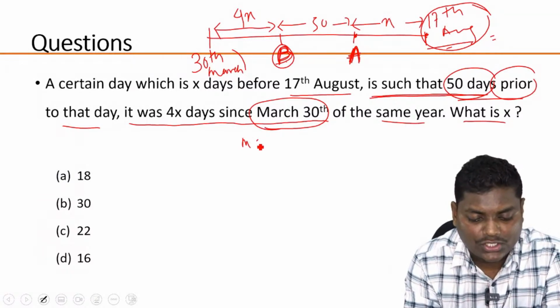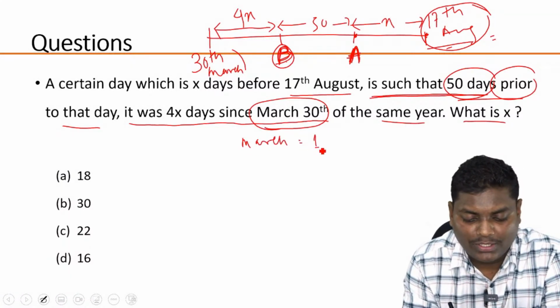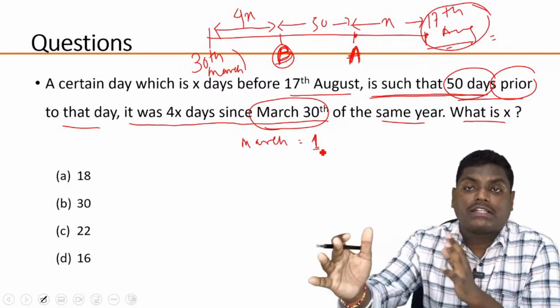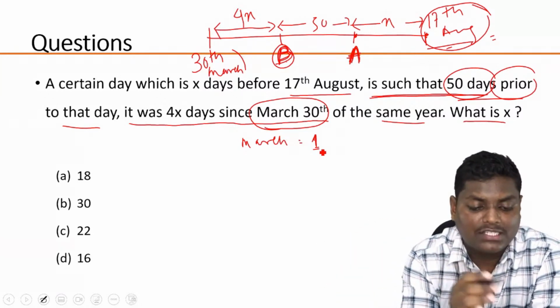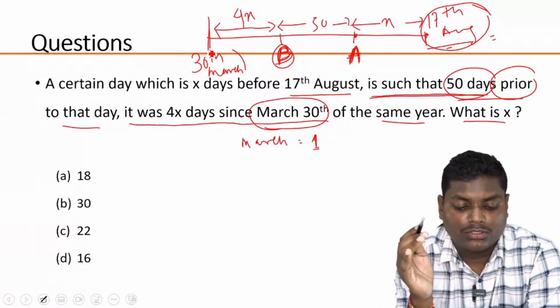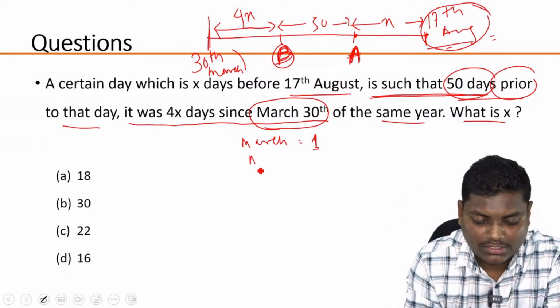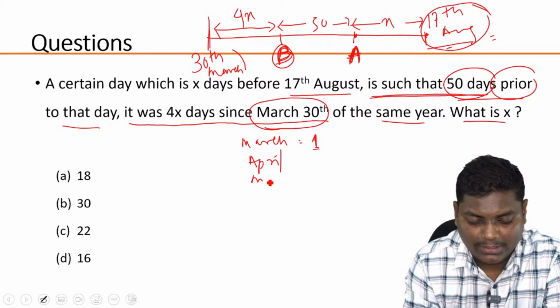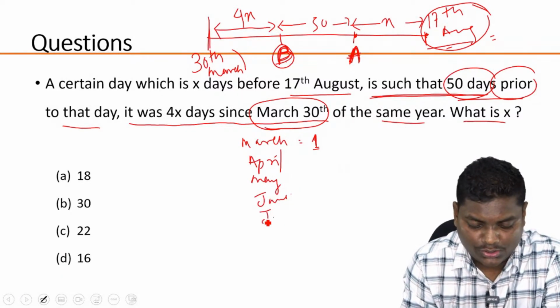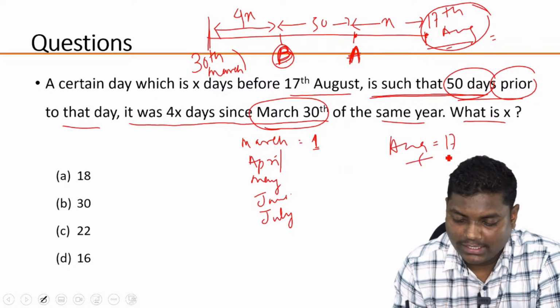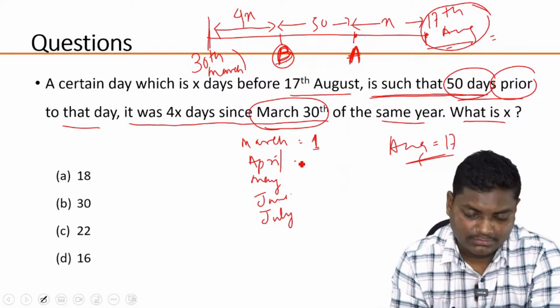So in March, basically we will be having one more day. Now we want to see the number of days between 30th March to 17th August. 30th March is the day from where we are seeing, so in March we will be having one more day extra. So it is 1 day in March. Let me write April, May, June, July, and in August we are having 17 days.